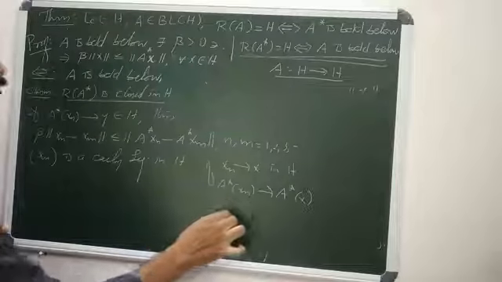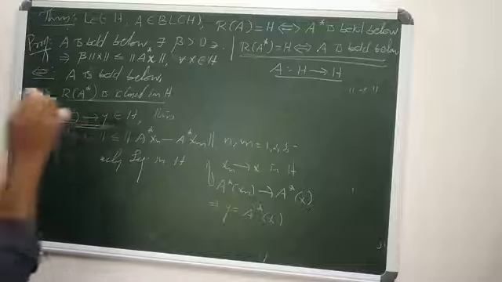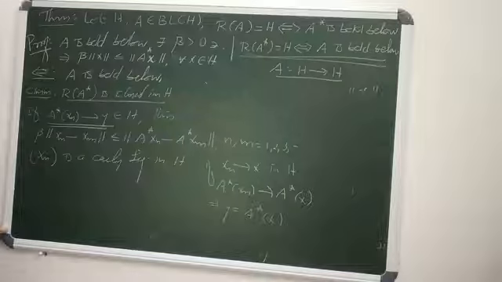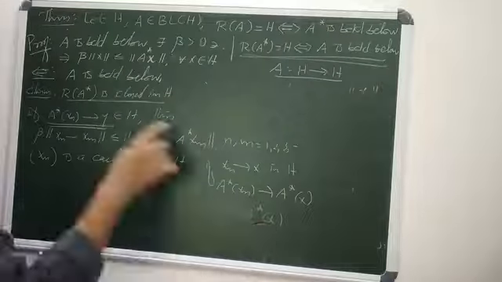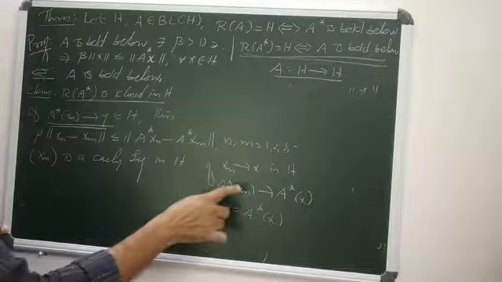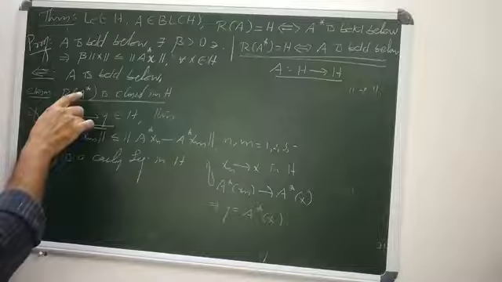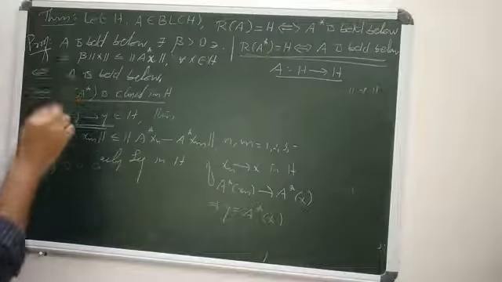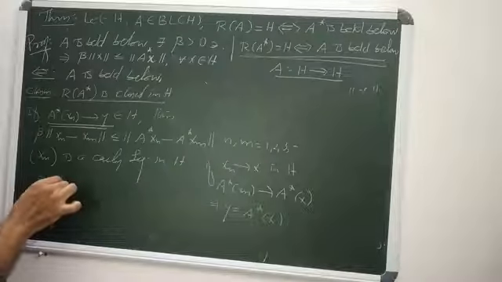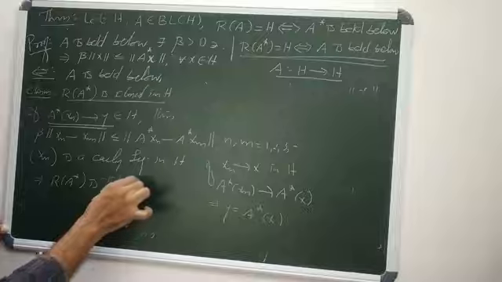That means y equals A* x. Why? Because of this argument. So A* x_n converges to some A* x, that is y. So every convergent sequence in the range of A* converges within itself, which implies the range of A* is closed in H.